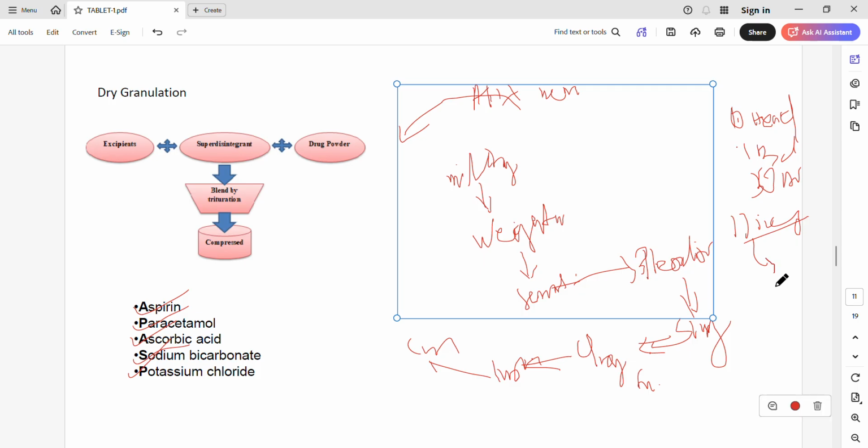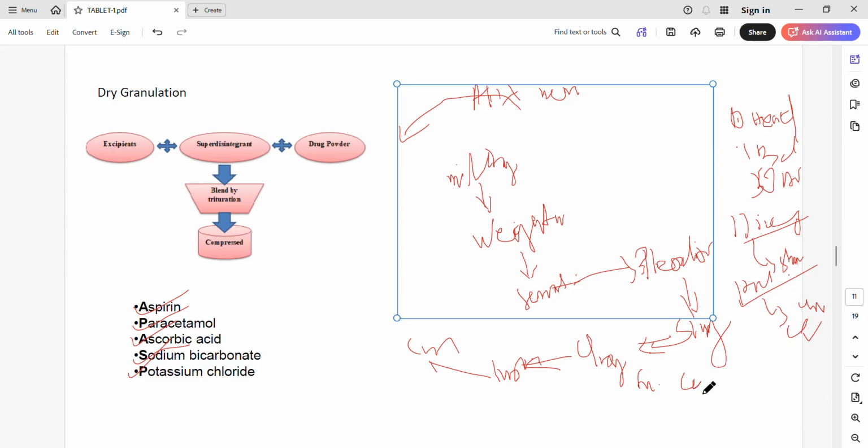The die mainly defines the shape of the tablet. Then punches: the punch compresses with the die to form a tablet.